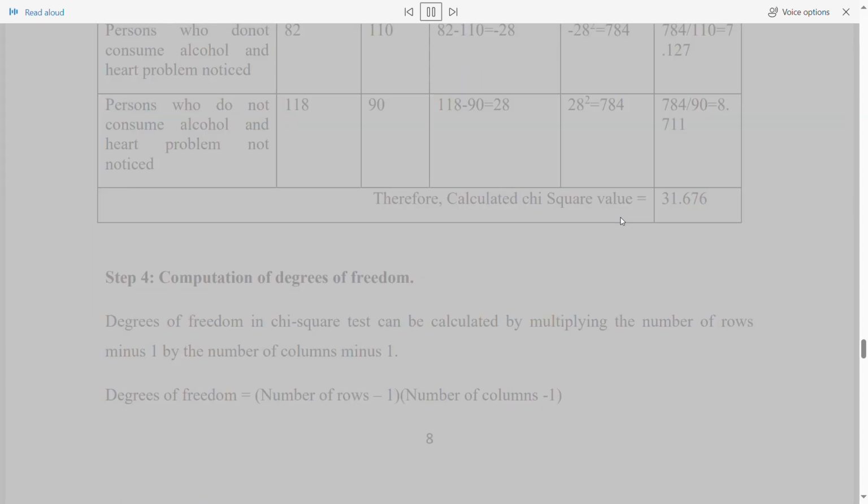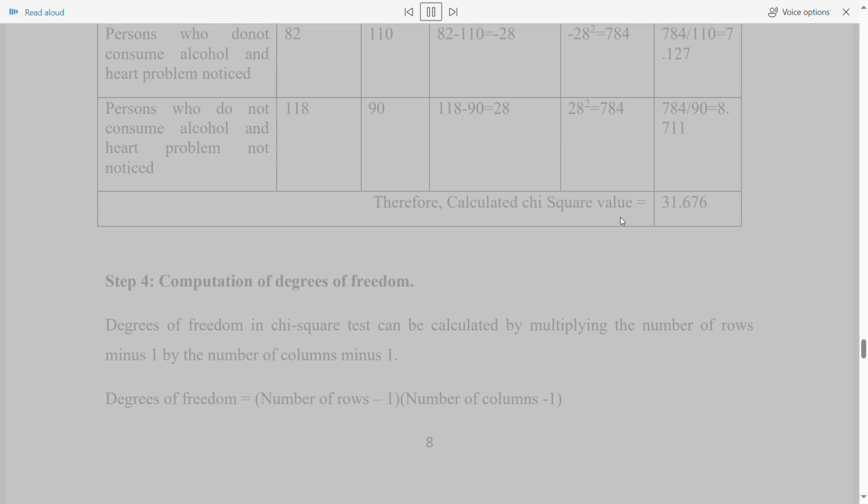Persons who do not consume alcohol and heart problem noticed. 82 minus 110 equals minus 28. 28 squared is equal to 784. 784 divided by 110 equals 7.127.